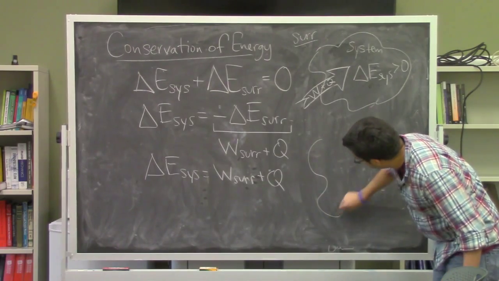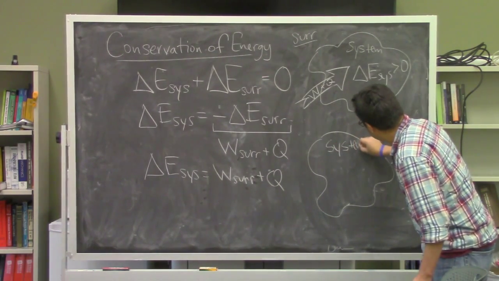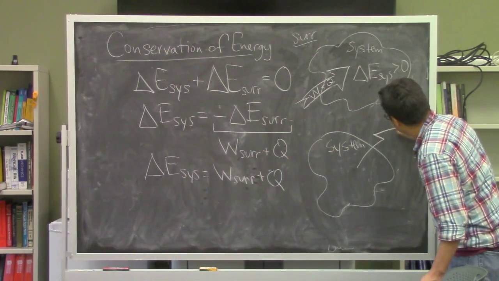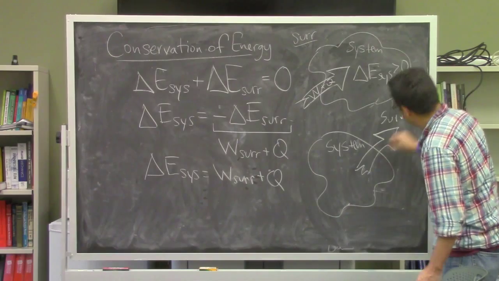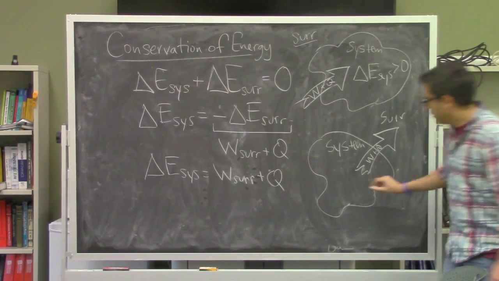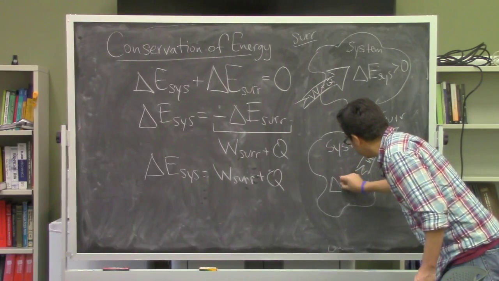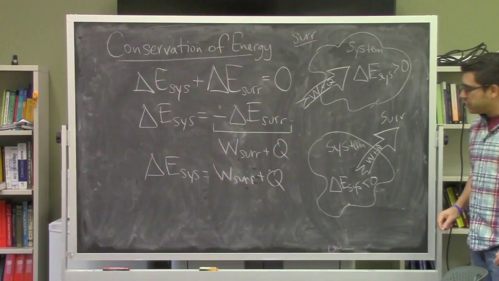On the other hand, if you have a system where there is work that's done by the system, or thermal energy that is taken out of the system, the overall system's energy will go down. There will be a negative change in the energy of the system.